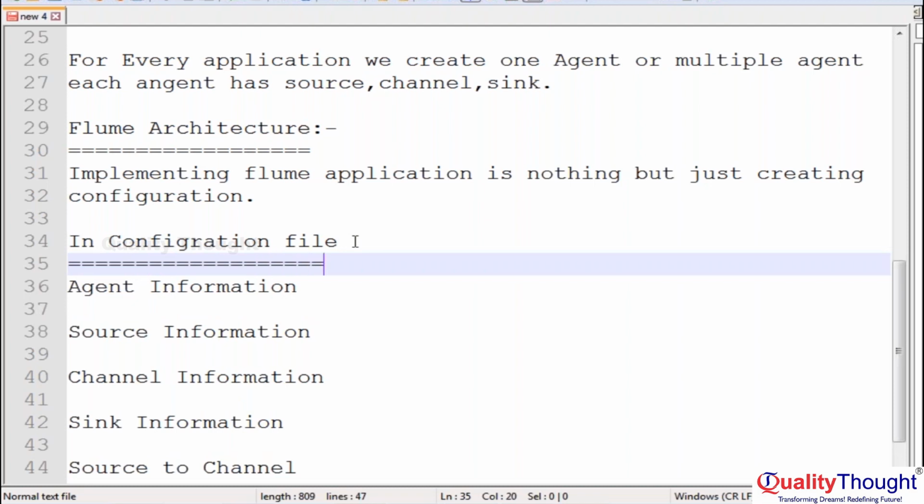So implementing a Flume application is very simple: write one configuration file, then we have one Flume command.